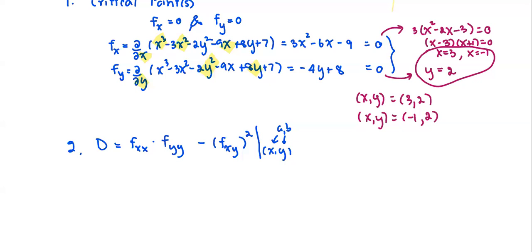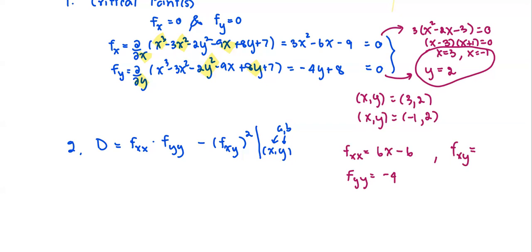So we use the second partial derivatives, set on the side. The second partial derivative with respect to x is going to be 6x minus 6. The second partial derivative with respect to y is negative 4. And the second partial derivative with respect to x and y, in either order, you should get the same value.